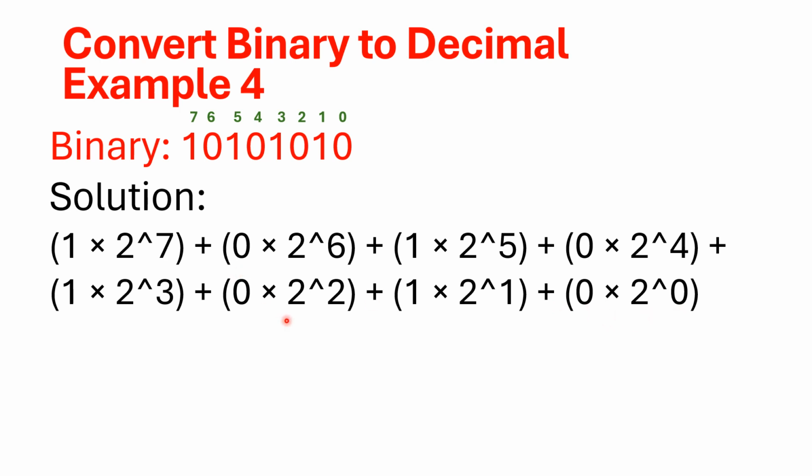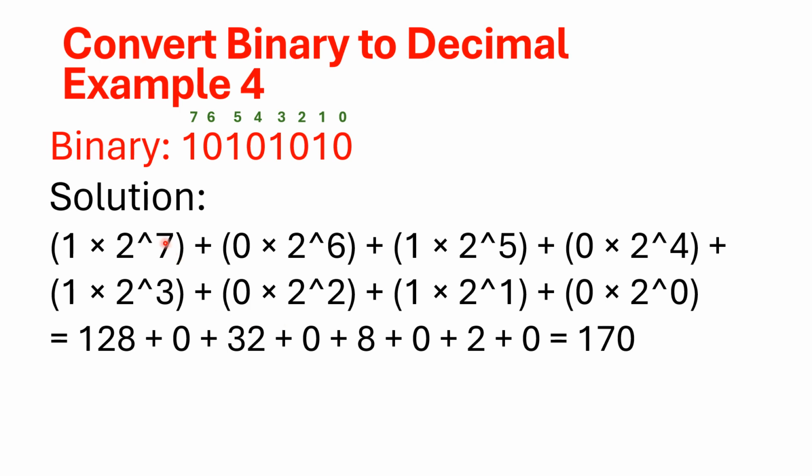Now 2 power 7 is equal to 128, and 0 multiplied by 2 power 6, which is 64, is 0. 2 power 5 is 32, and 32 multiplied by 1 is 32. 2 power 4 is 16, but 16 multiplied by 0 is 0. 2 power 3 is equal to 8, so 8 multiplied by 1 is 8. 2 power 1 is 2, and 2 multiplied by 1 is 2.